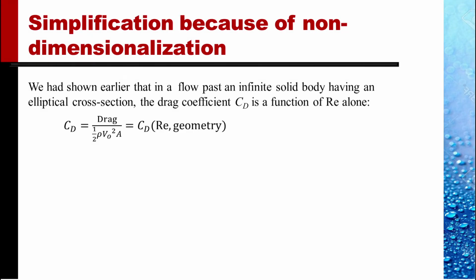We had earlier shown that for flow past an infinite solid body having an elliptical cross section, the drag coefficient CD is a function of Reynolds number alone. We define drag coefficient as drag divided by 1/2 rho V naught square times the area.